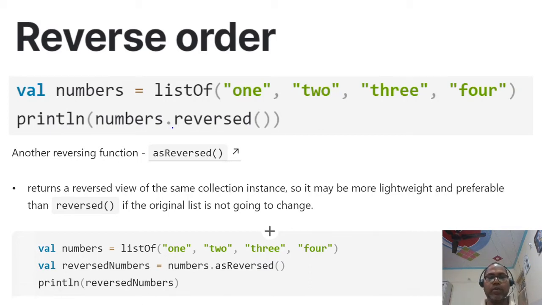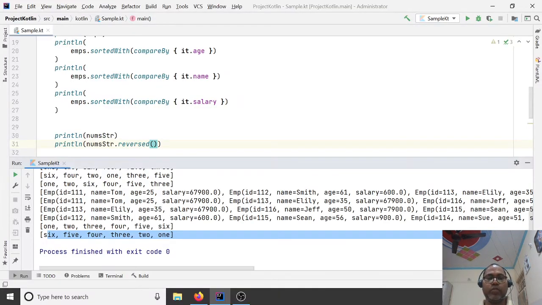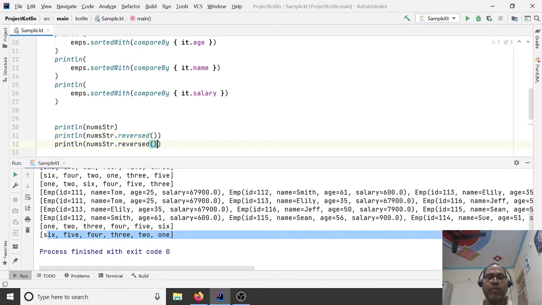Along with the same reverse function, there is another reversing function known as reversed. It returns a view of the same collection instance, but it may be more lightweight and preferable than reverse.